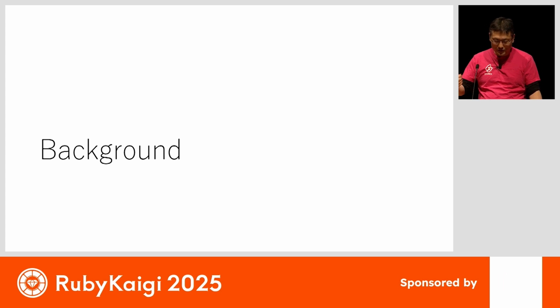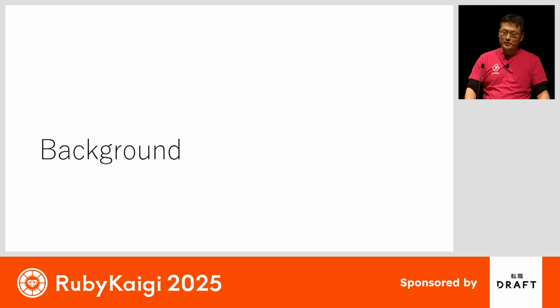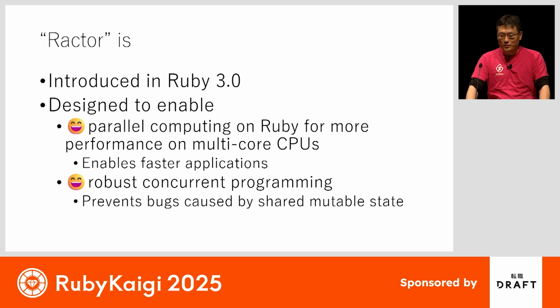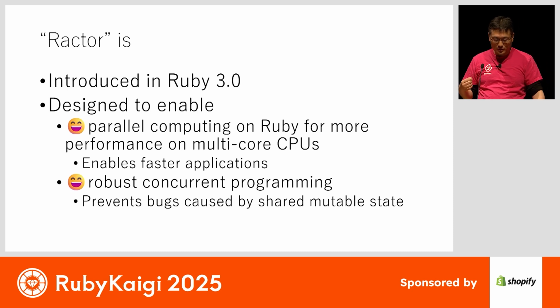So, okay, let me give you some background on garbage collection for Ractors. Ractor was introduced in Ruby 3.0 as a new concurrency model. It was designed to enable two things. At first, parallel computing on Ruby, to take advantage of parallel computers for faster Ruby applications.